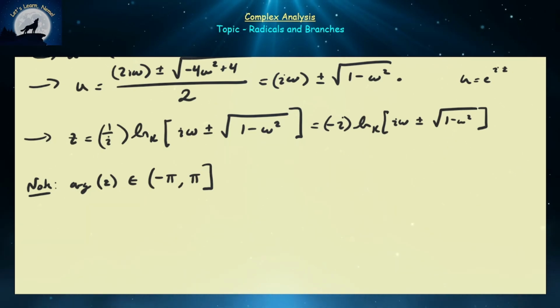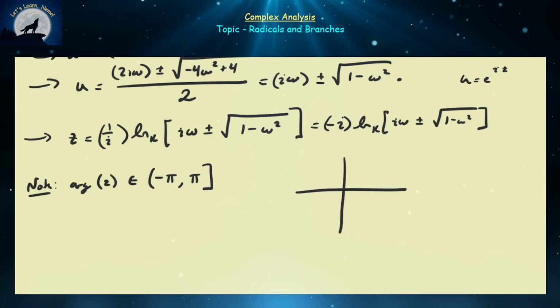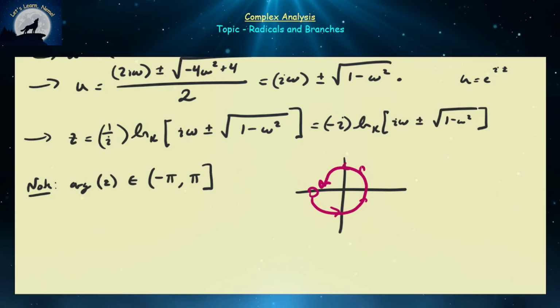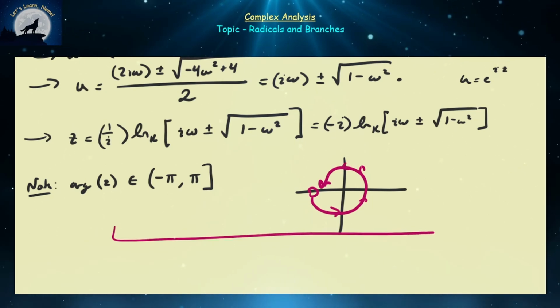But in particular, for the log function, we're going to have a branch cut on the negative real axis, so we want to avoid the negative real axis, so we're going to be choosing the argument in here. So if we look at the graph of this and want to define this in a nice way, what we want is to be able to revolve in that counterclockwise direction and sweep across all of these particular values. And this is going to be used in the definition of the natural log of z.